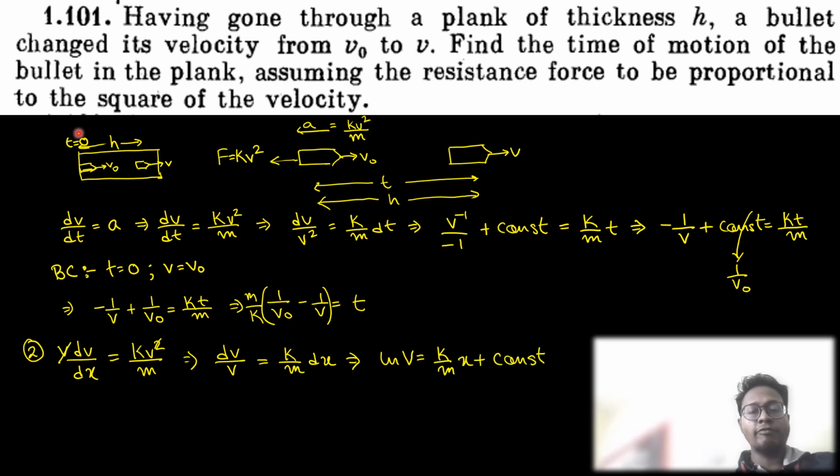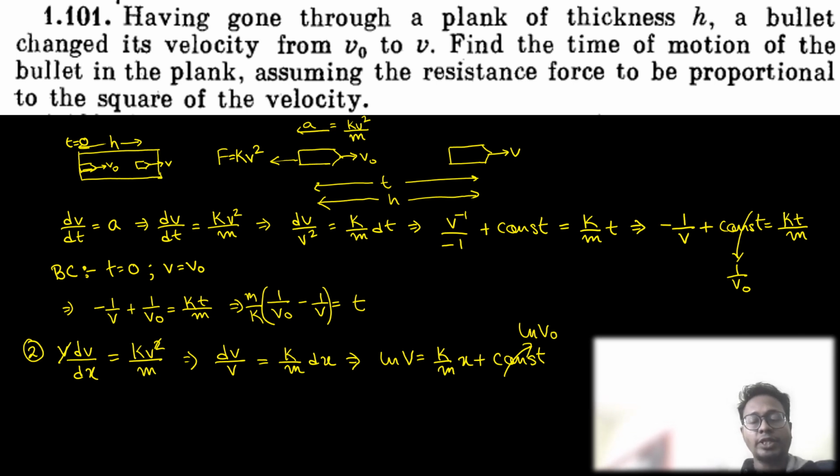Now if we consider our origin to be out here, at x is equal to 0, v is equal to v naught. If we put x is equal to 0 and v is equal to v naught in this equation, we get the value of the constant as ln v naught.